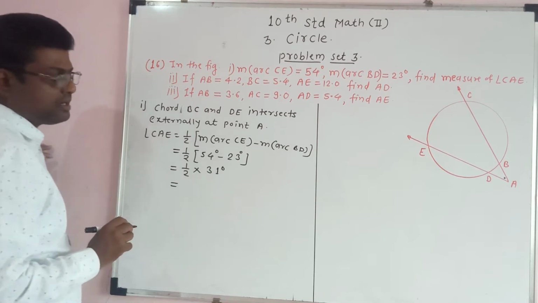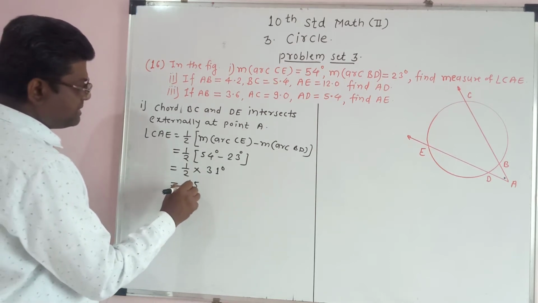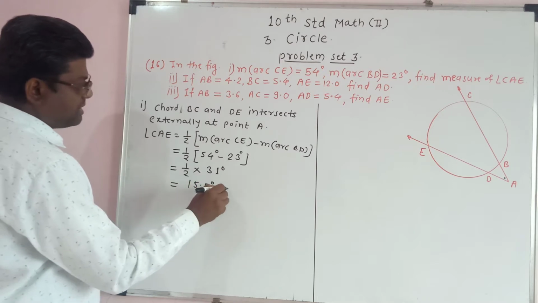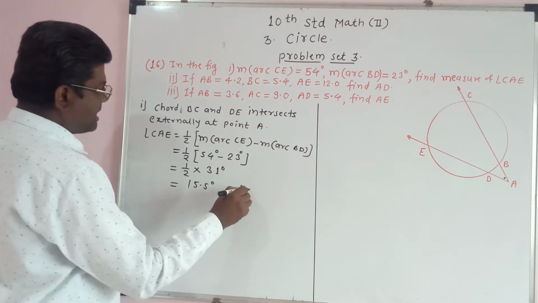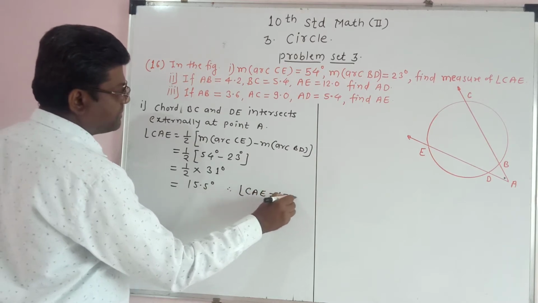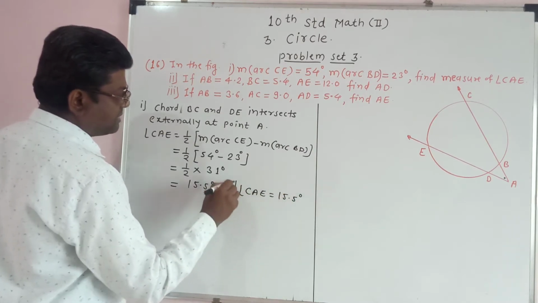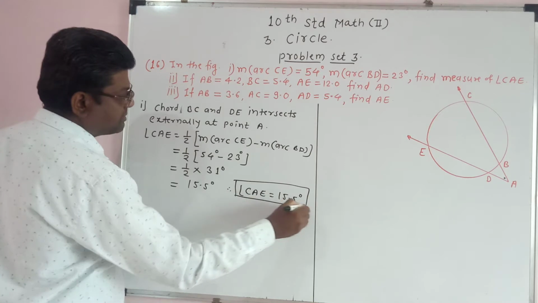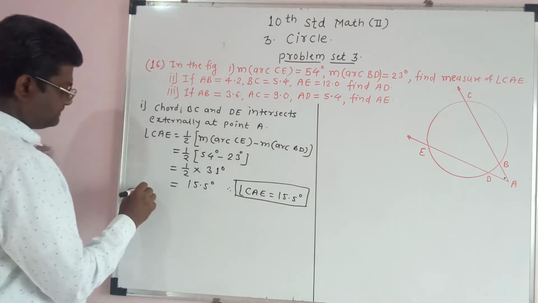Therefore 31 upon 2 is 15.5 degrees. Therefore angle CAE is equal to 15.5 degrees, which is our first answer.